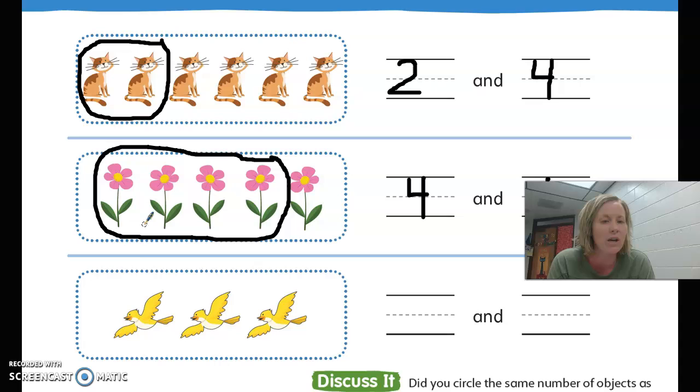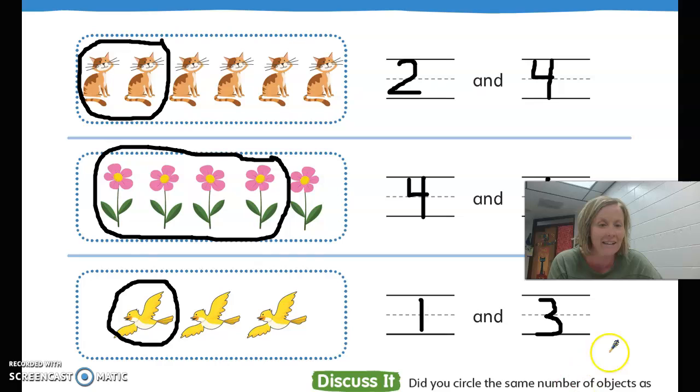There were 3 birds flying. Some of those birds landed in a tree. Some kept flying. Circle the birds that landed in the tree. Now write your answers to show how many landed in the tree and how many kept flying. I'm going to say 1 landed in the tree and 3 kept flying.